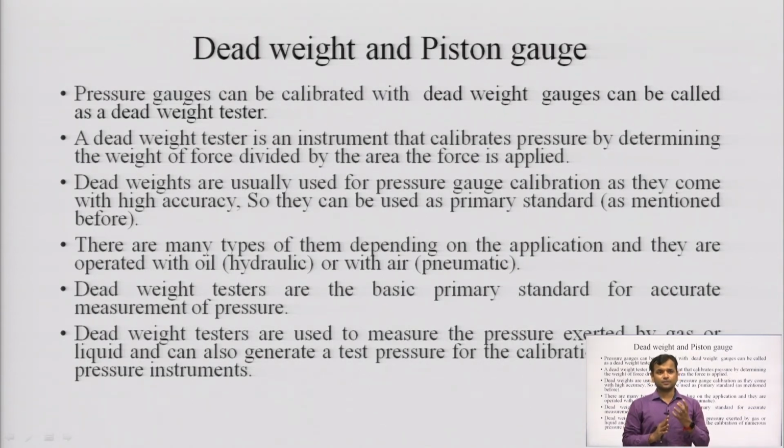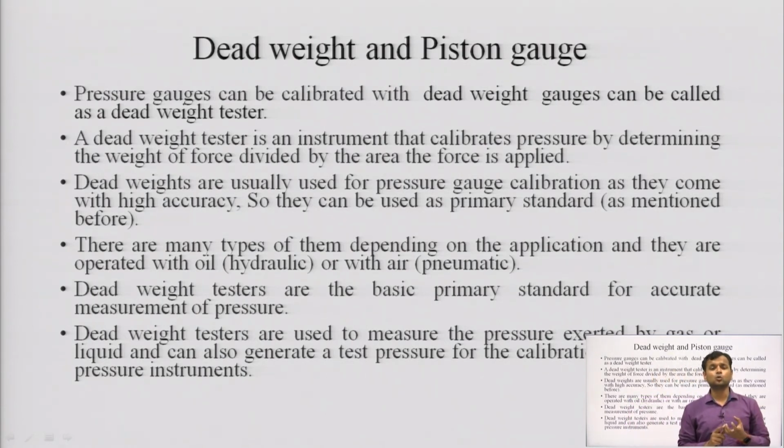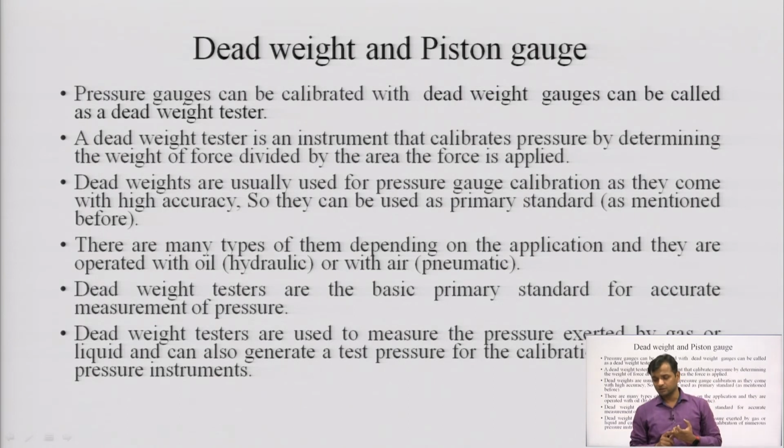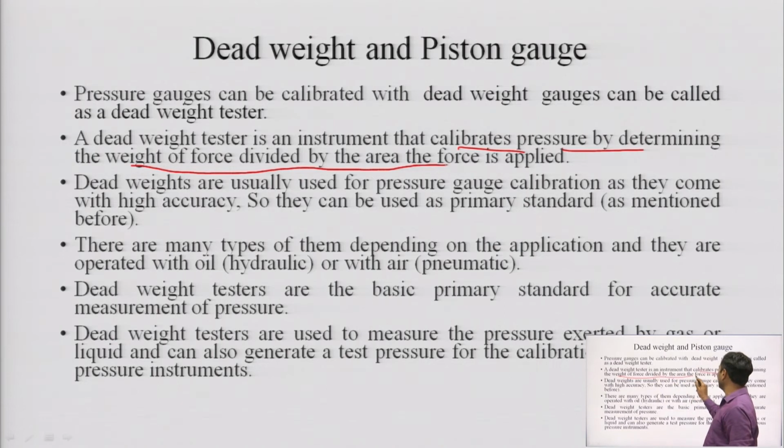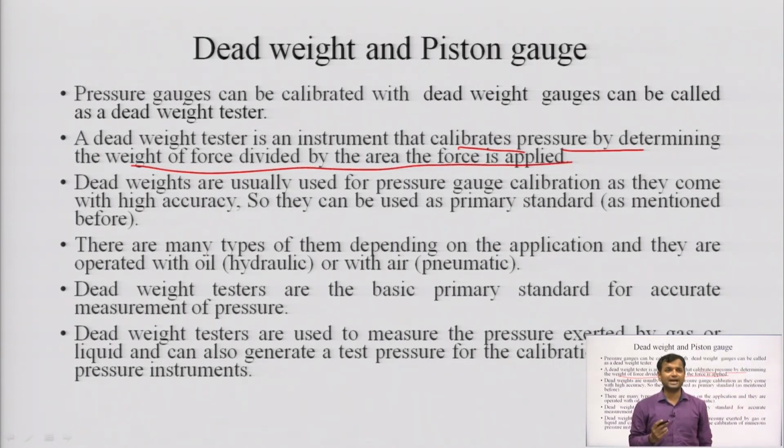So, these piston gauges or dead weight gauges can be used to calibrate other devices. Likewise, a dead weight tester is an instrument that calibrates the pressure by determining the weight of force divided by the area of the forces applied. The dead weight tester can be used to calibrate other pressure measuring devices.